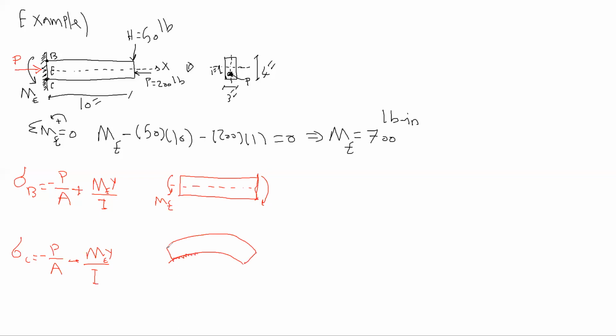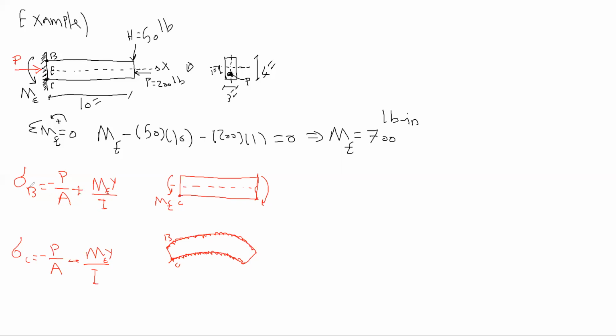So this region, including point C, is under compression. This region, including point B, is under tension. This is one way to distinguish which one is positive, which one is negative.